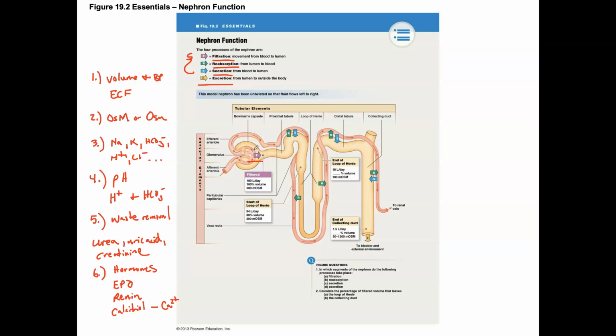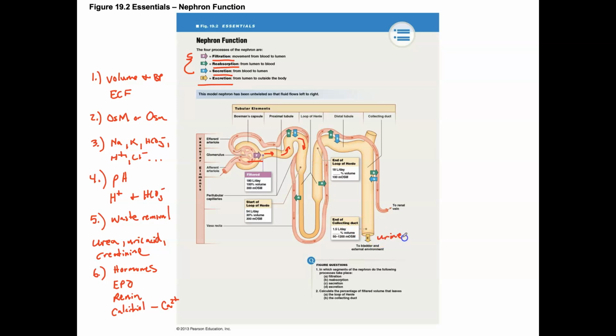So that is filtration as a mechanism. Filtration basically generates what we call filtrate, and then filtrate gets processed as filtrate moves through the nephron system. The filtrate gets processed before we generate urine. Urine is what we excrete from the body.